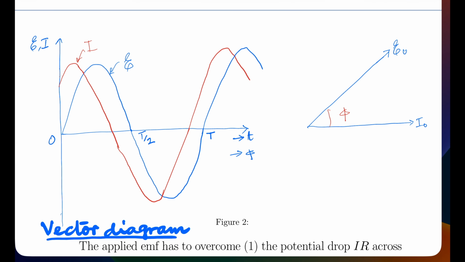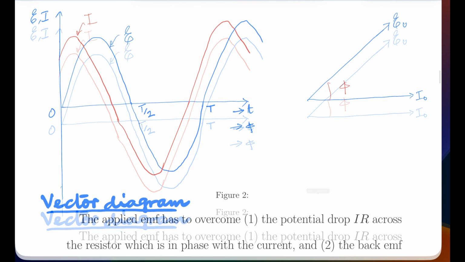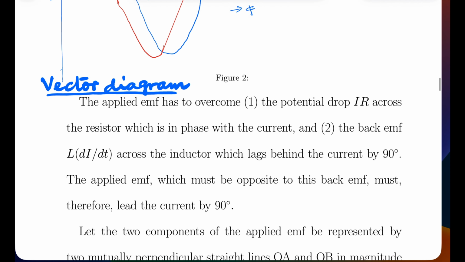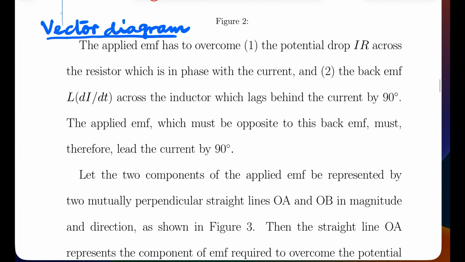Let us now see how the vector diagram is drawn. The applied EMF has to overcome the potential drop IR across the resistor which is in phase with the current. यहाँ पहले देख चुके हैं, when an alternating current flows through an ohmic resistance, then the current and the voltage are in phase with each other.